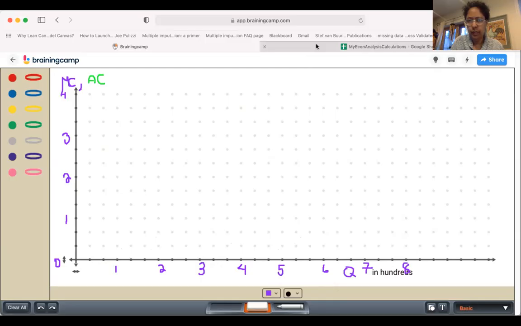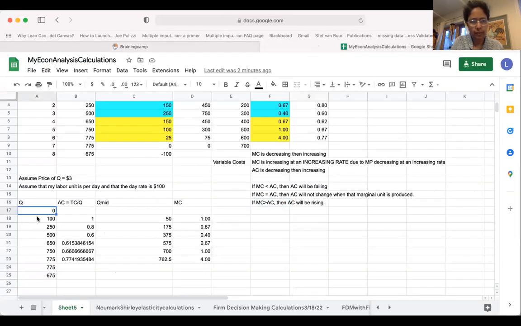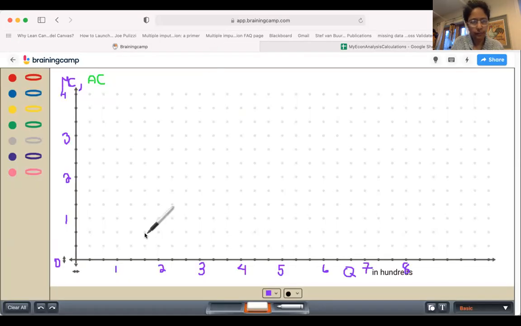Right, so let's plot my average cost, 100 units, 1. That's my first point.